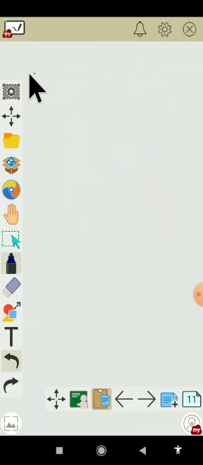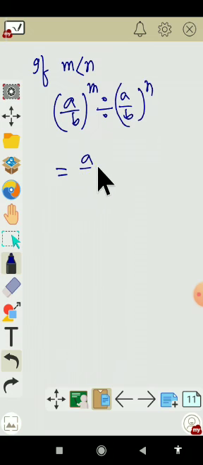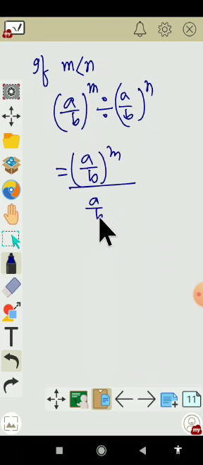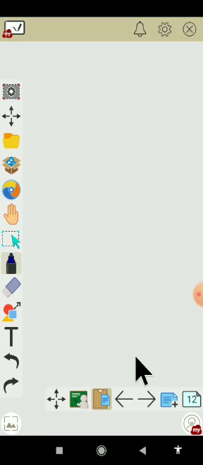Next formula: if m is less than n, and we are given a by b to the power m divided by a by b to the power n, then it is possible to write b by a to the power n minus m. So these are the formulas we have to remember.